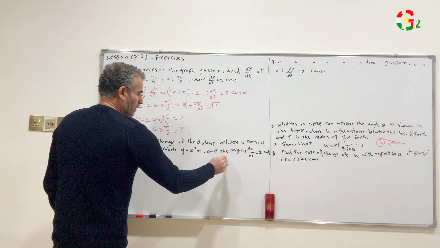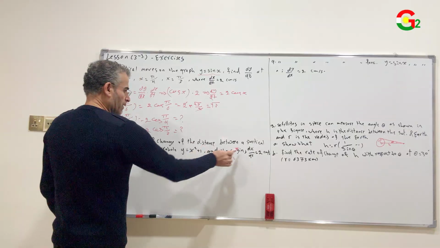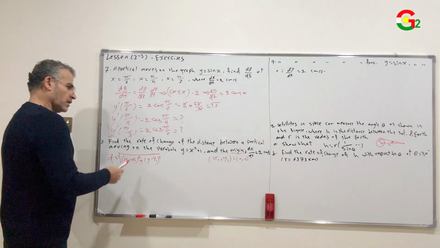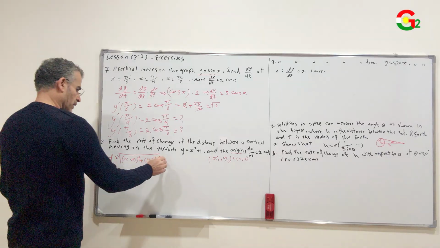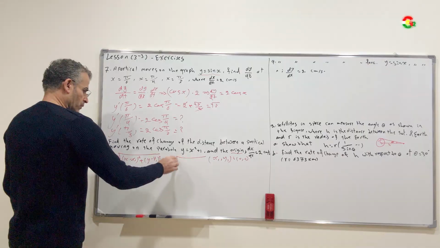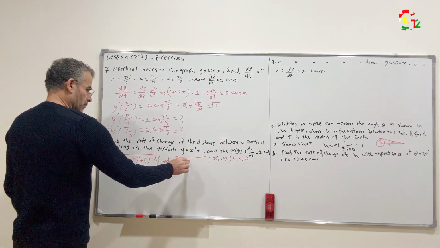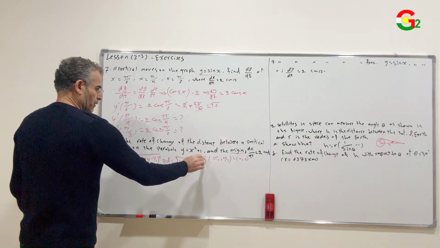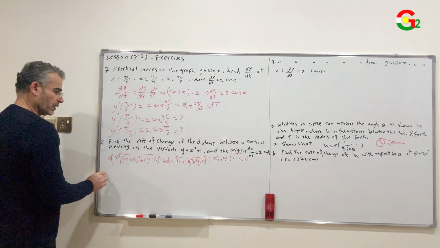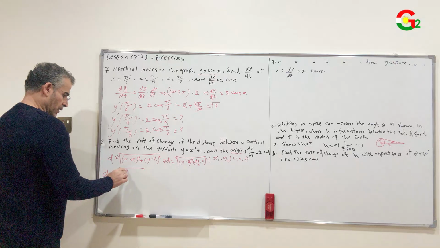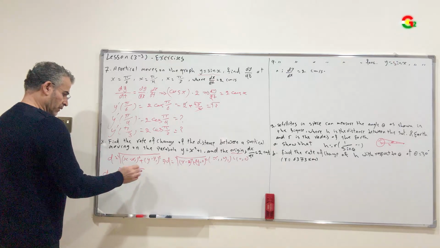Here the point x1, y1 is the origin, 0, 0. Substitute this point in the formula, then d equals square root of (x minus 0) squared plus (y minus 0) squared, equals square root of x power 2 plus y power 2.